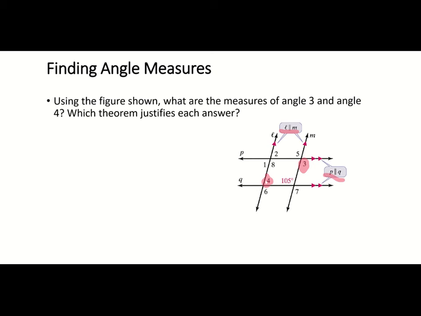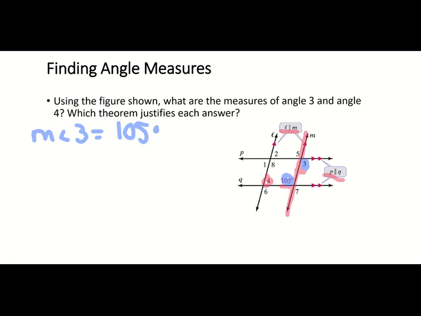If I look at M not as a parallel line, but as a transversal, because I see that the 105 angle is connected to this line M, and so is 3. So that makes angle 3 and the 105 angle alternate interior angles. Because they are alternate interior angles, the measure of angle 3 has to be 105 degrees.